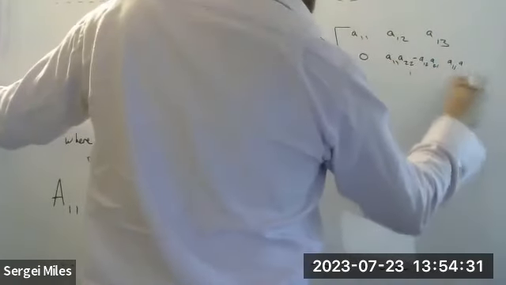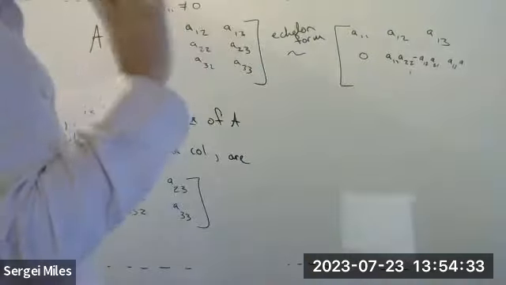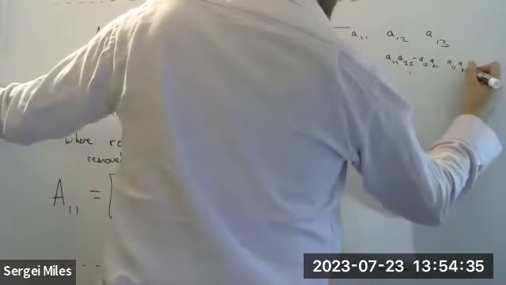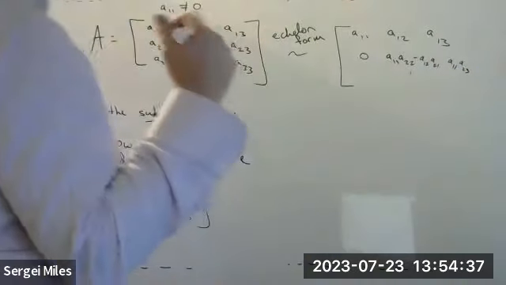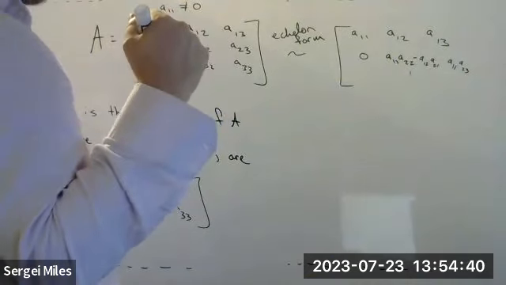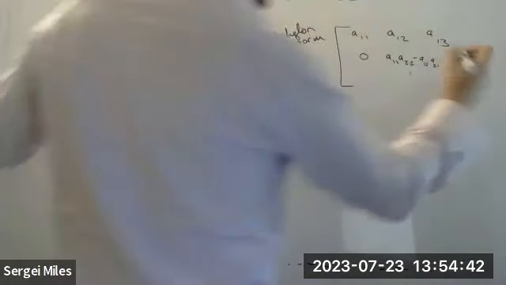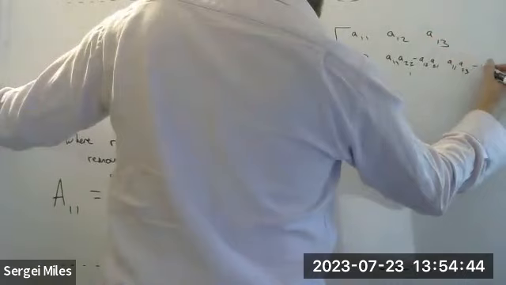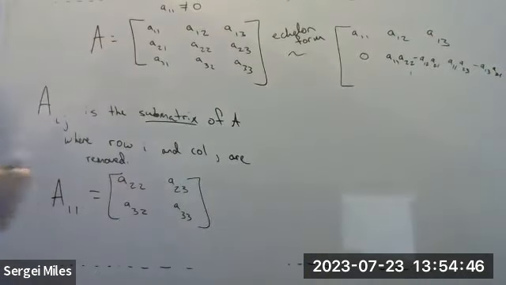Because remember, the determinant is the last entry of the matrix. That's what we're really concerned with. I'm just writing in these details so you can see. We have A11, A23, minus A13, A21.